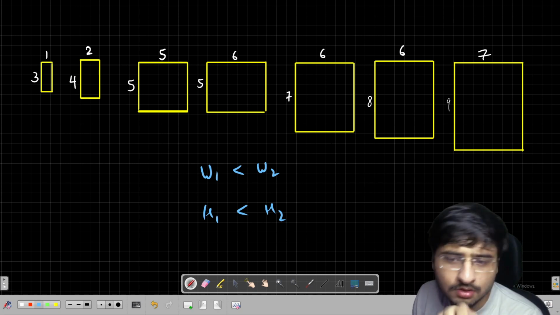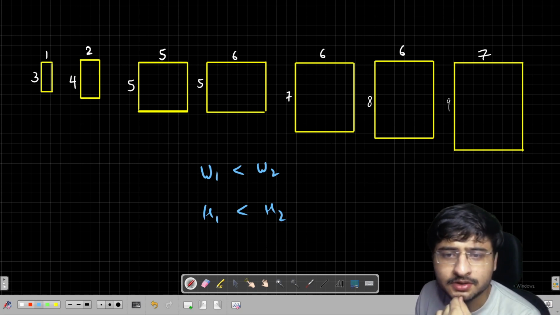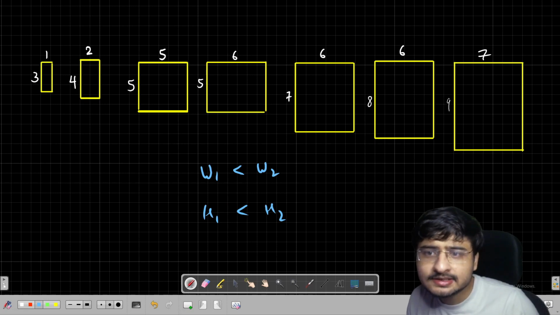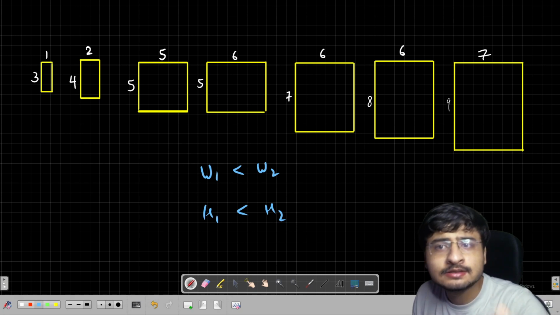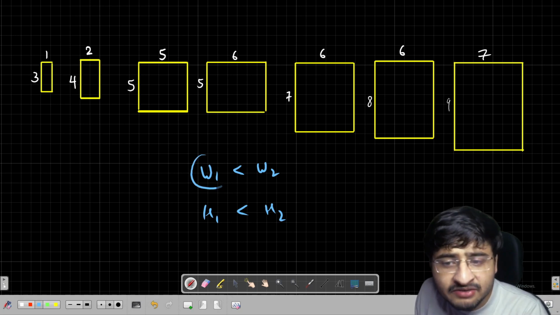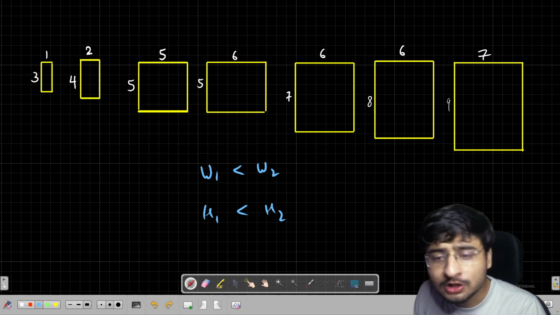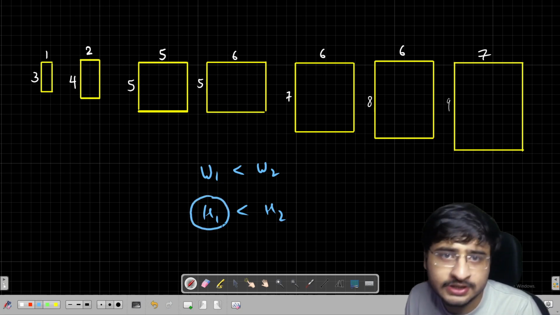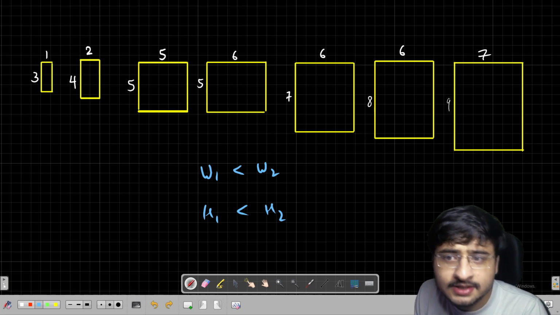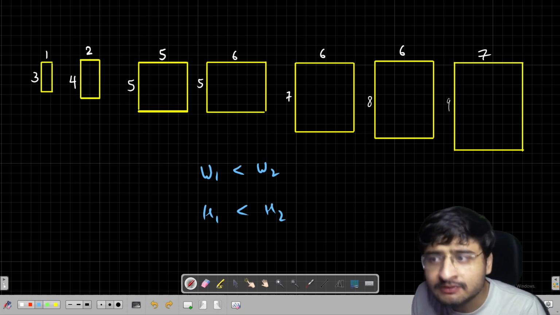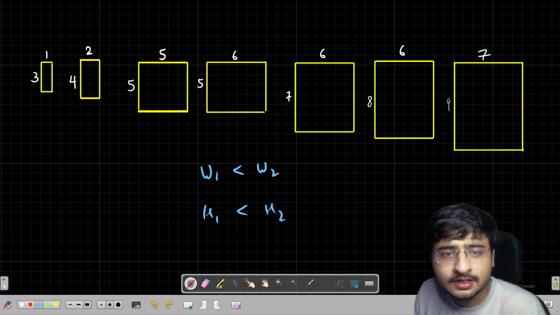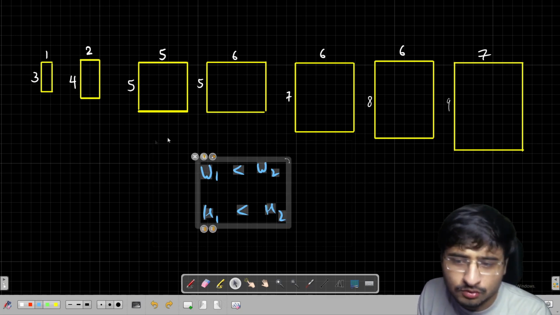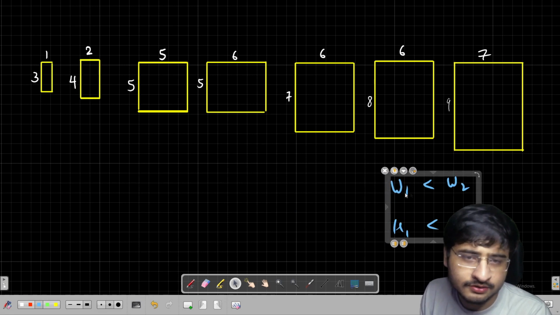Now, I want to select the envelopes in such a way that I am not only selecting envelopes where the previous envelope's width was smaller, I also want to ensure the previous envelope's height was also strictly smaller. So what I have done here is I have sorted all these envelopes on the basis of their widths, correct? Okay. So let's look at this problem in a more efficient way.